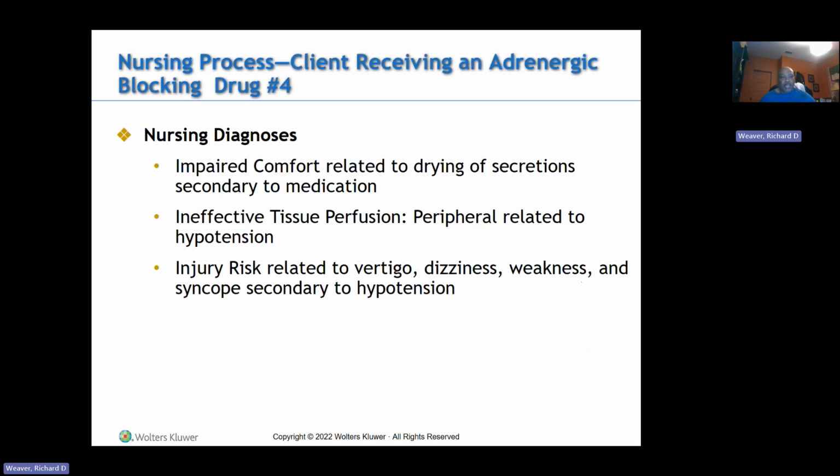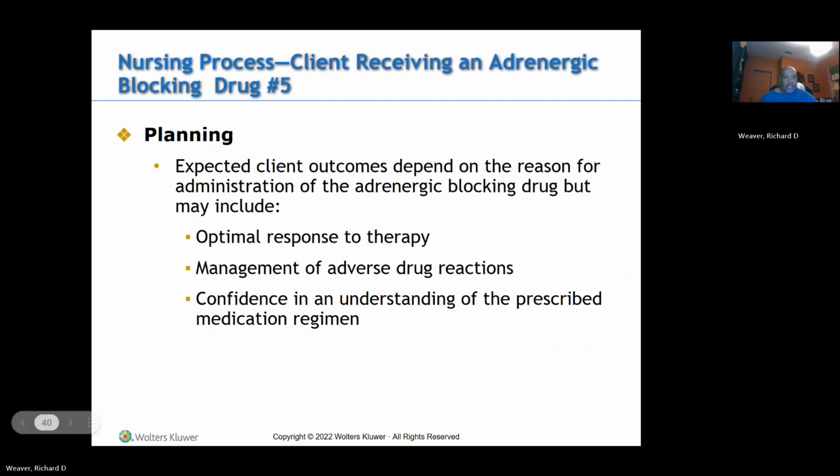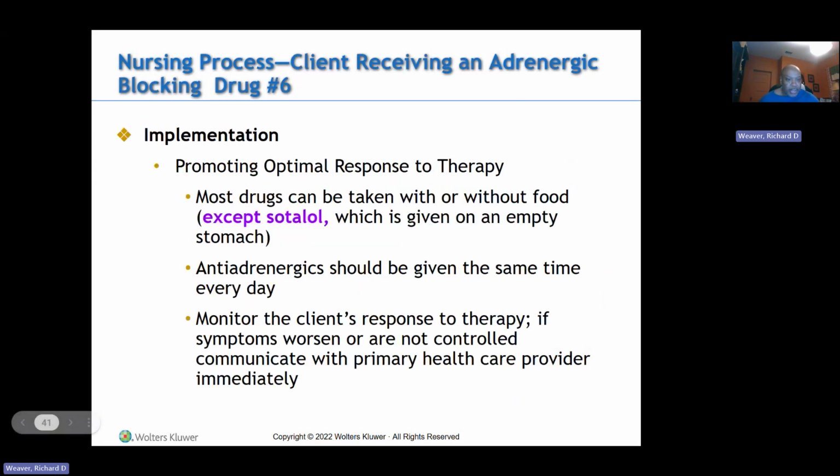So that's just another way of looking at this information. You can pretty much figure out what some of the other side effects would be just by looking at one of the main side effects, which is hypotension. Take a look at the planning when you get a chance.